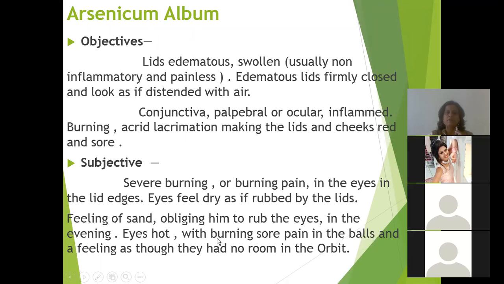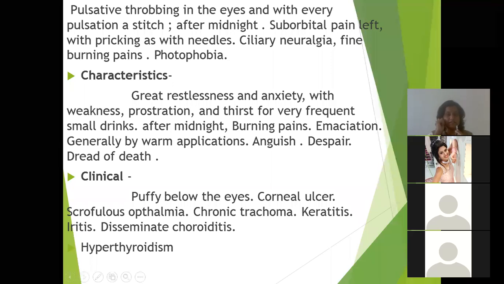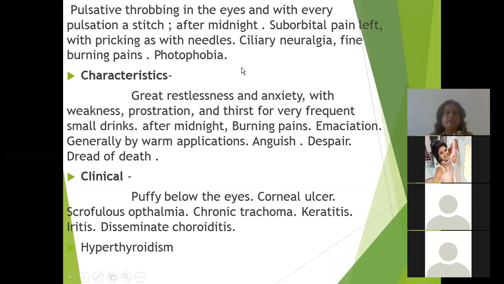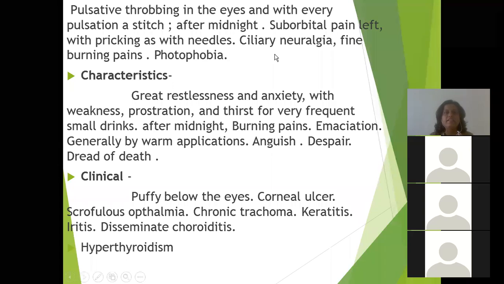Eyes hot with a burning, sore pain in the ball and a feeling as though they had no room in the body. There is a pulsating, throbbing pain in the eyes, and with every pulsation a stitch. After midnight, supraorbital pain on the left with a pricking as with a needle, ciliary neuralgia, fine burning pain, photophobia.